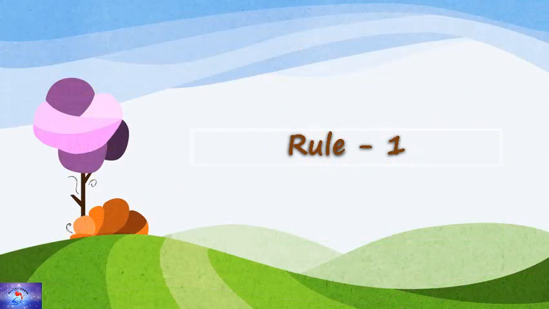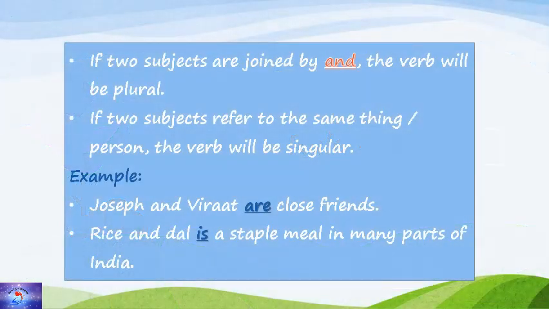So, now in this section, we are going to read about the first rule, rule 1. If two subjects are joined by and, the verb will be plural. If two subjects refer to the same thing or person, the verb will be singular. You can see the example given here. Joseph and Virat are close friends.